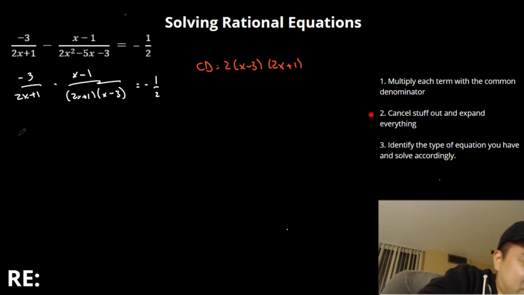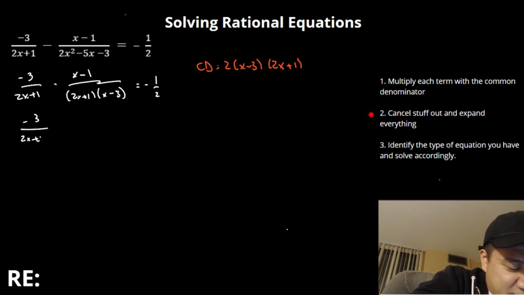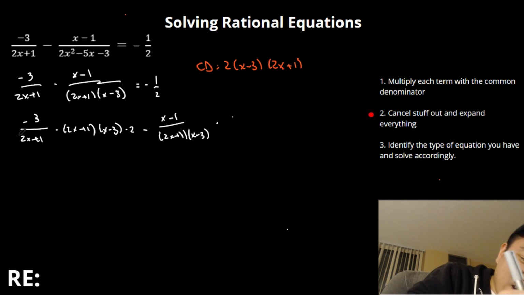Let's multiply each term now. So we have negative 3 over 2x plus 1, times 2x plus 1, x minus 3, times 2, minus... not fun. x minus 3, 2x plus 1.